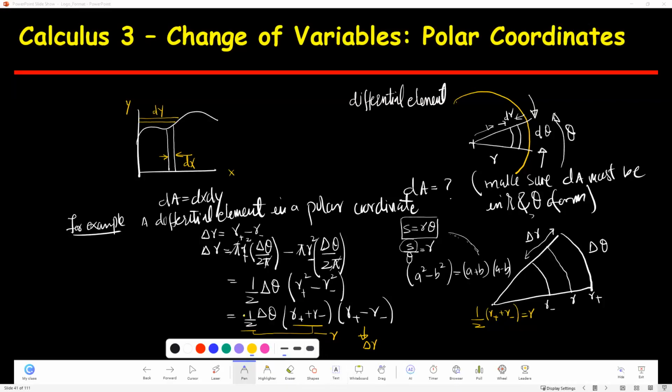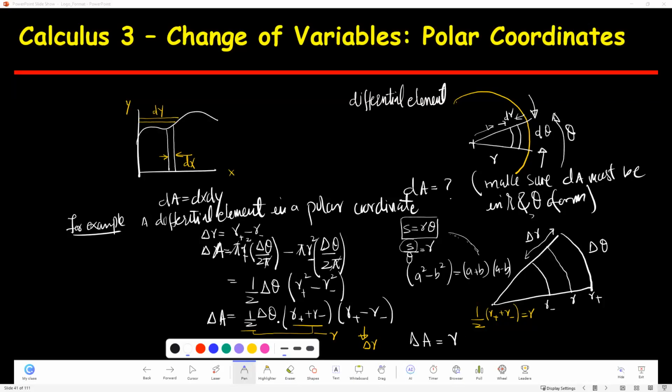So what I'm going to do, I'm going to write this delta A. I'm going to write like this, and I'm going to say delta A equals r.